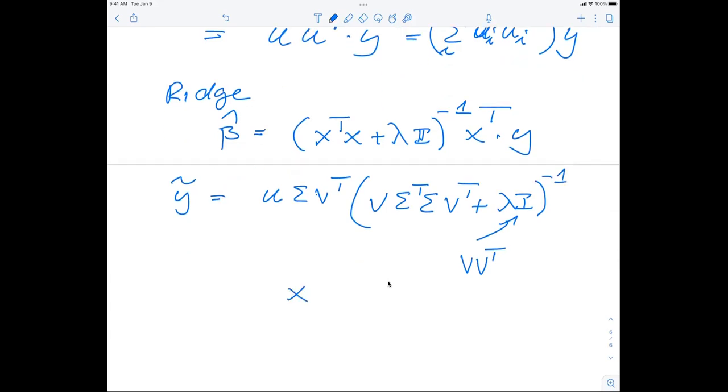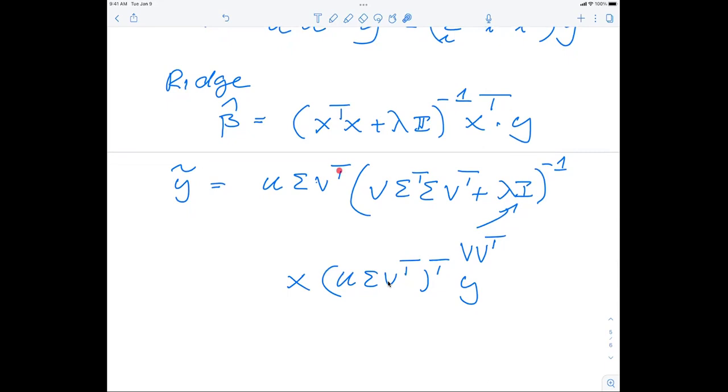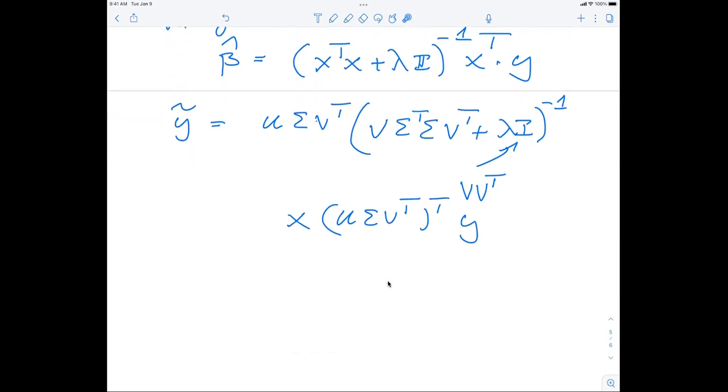And this is multiplied with the matrix U Sigma V^T transpose multiplied with y. So if I now put in this V V^T in here, I can repeat the same trick I did with the denominator, and then you will see that I will get a term V^T multiplied with V again, and a similar term with V multiplied with V transpose, and due to the orthogonality, we get rid of that term.